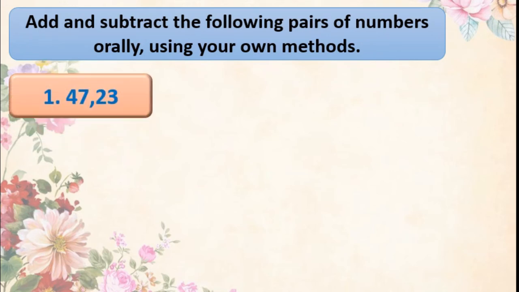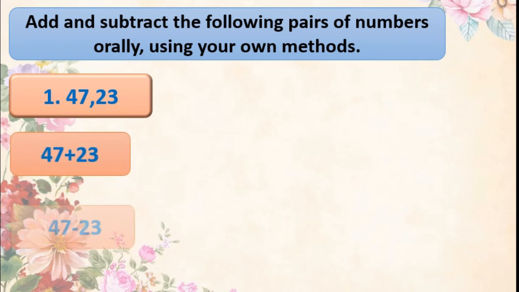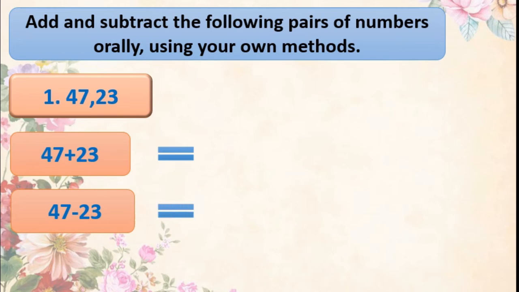Yes, third sum, 47 and 23 is the pair of numbers given. First we will do addition and then subtraction. Come on, tell me. 47 plus 23 is 70, isn't it? 47, 2 fingers I will take. 47, 57, 67. 67 plus 3, 70, isn't it?